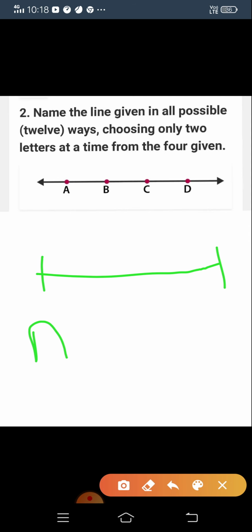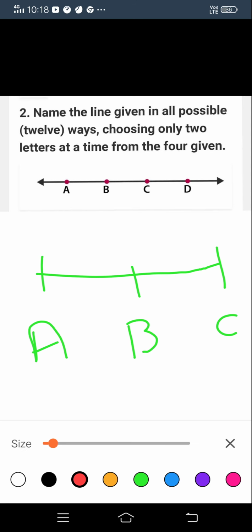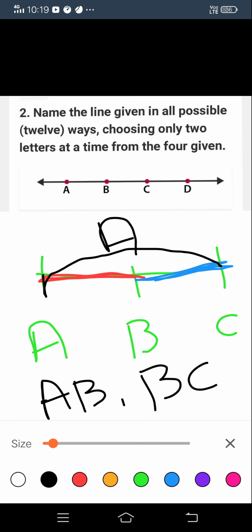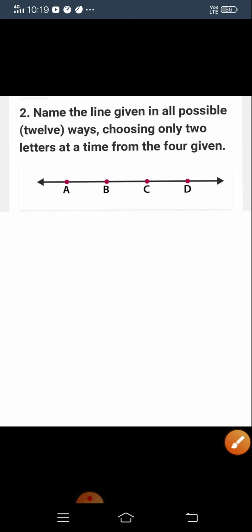This example is A, B and C. In A, B, C, the possibilities are, first AB is a line, next BC is a line, and also AC is a line. So how many possibilities are there here? AB, next BC, and AC. So in ABC there are 3 possibilities. But from this diagram you have to identify 12.